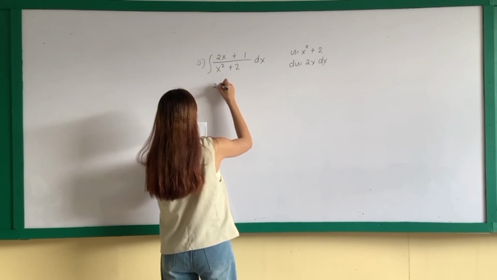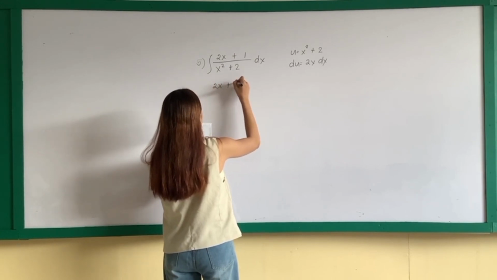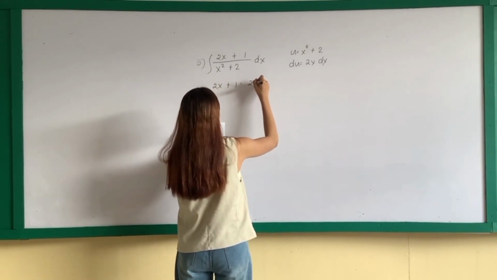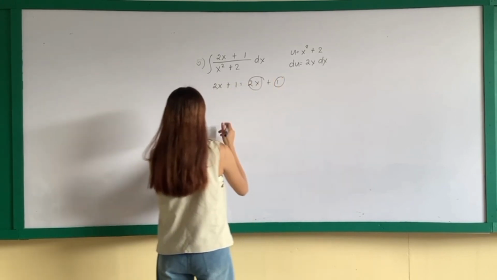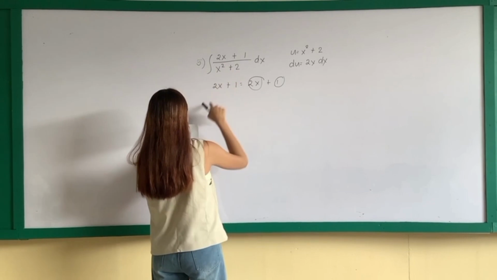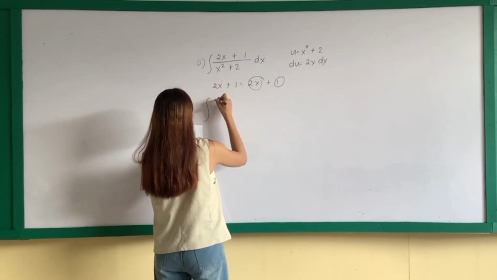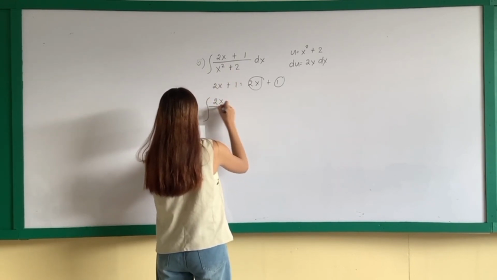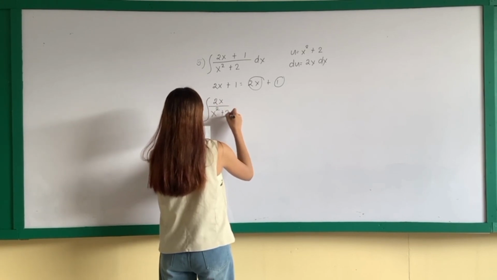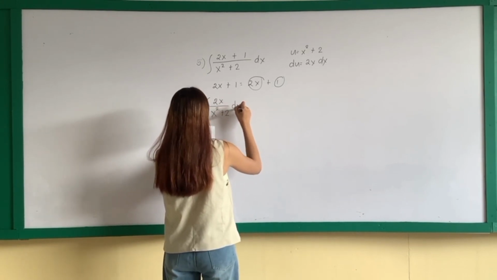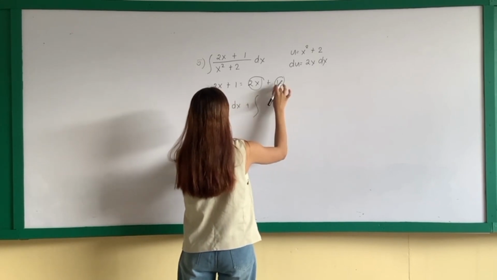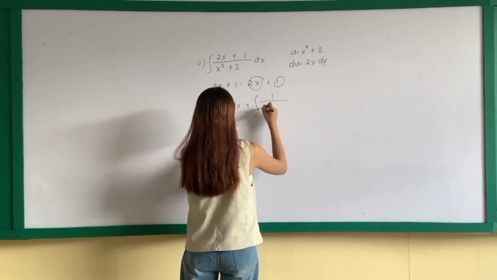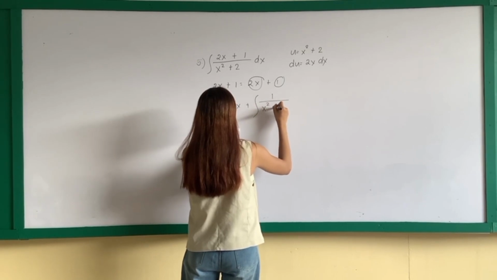So 2x plus 1 is equal to 2x and 1. So let's write our new integral here. It's the integral of 2x over x squared plus 2 dx plus the integral of 1 over x squared plus 2 dx.